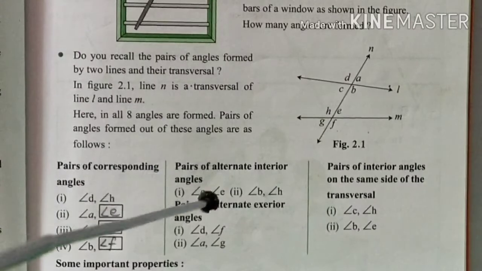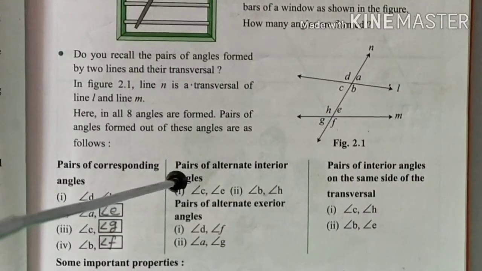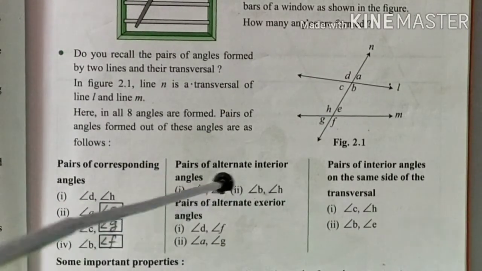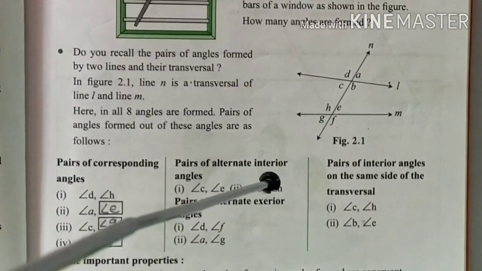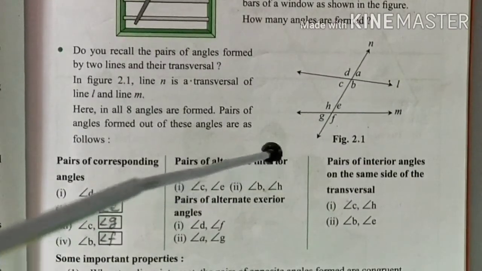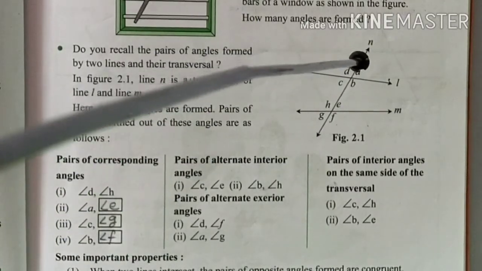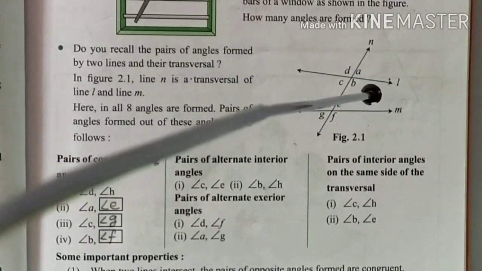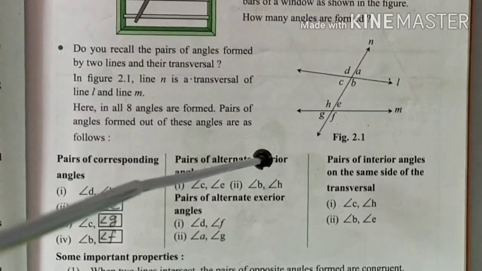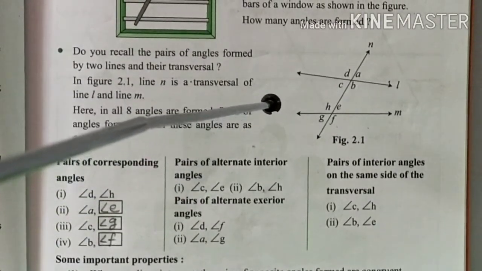Now the next pair is the pair of alternate interior angles. What is meant by alternate interior angles? Alternate means the angles are on both sides: if one angle is on the left side, the other angle is on the right side of the transversal. And interior means the interior part of the lines.